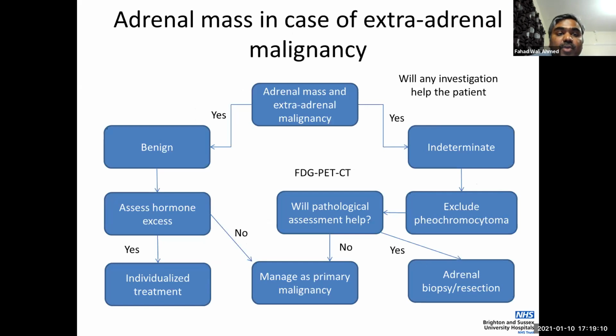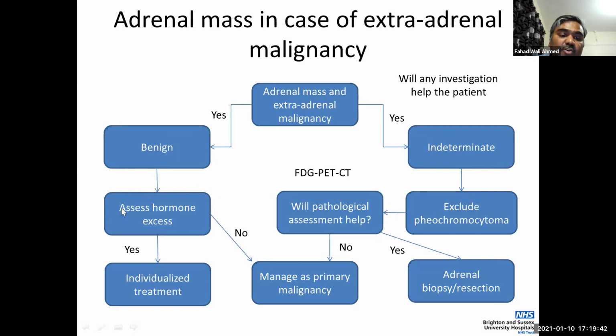What do we do in patients who have got extra-adrenal malignancy, like lung malignancy, abdominal malignancy? How do we approach this? I think the first question you need to ask is: will any investigation help the patient? If the patient's prognosis is very poor, then in my view no further investigation is needed. If it's going to help the patient, then we need to rule out whether it is benign or indeterminate. So definitely a CT scan would be helpful, where we look at the size and the Hounsfield criteria to make sure that it's benign or indeterminate.